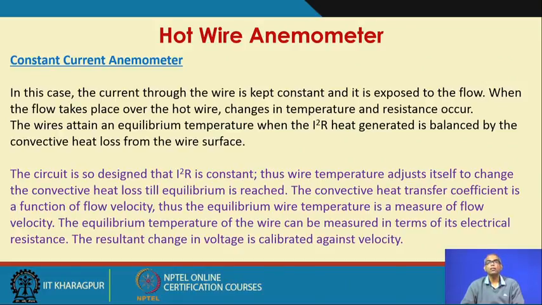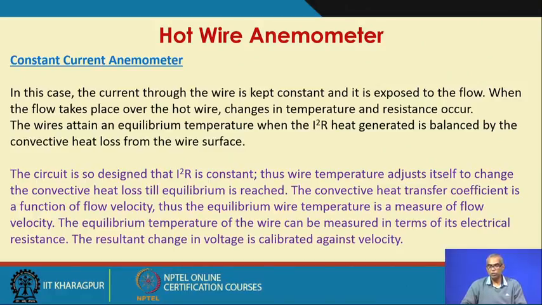In fact, this is given by King's law. Thus, the equilibrium wire temperature is a measure of flow velocity, because the convective heat transfer coefficient will dictate the equilibrium temperature of the wire, because the equilibrium temperature of the wire will depend on the I square R heat generated equal to convective heat loss from the wire surface.